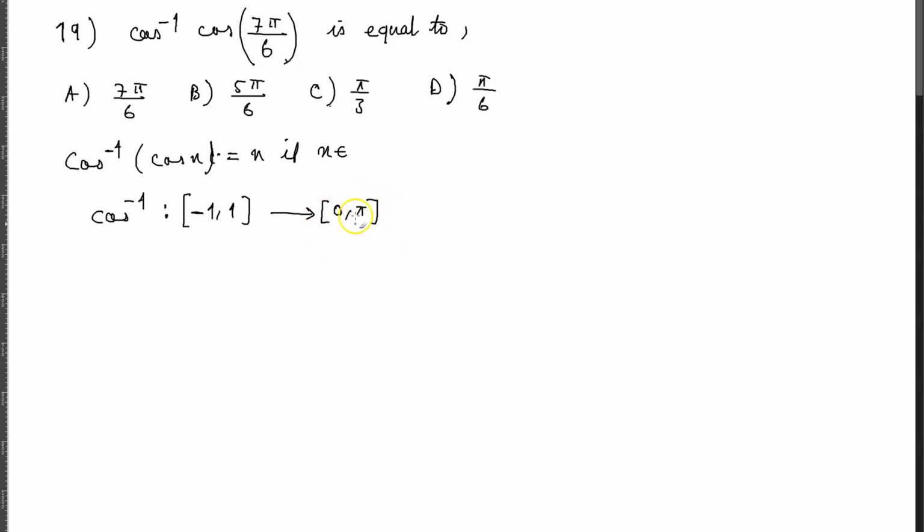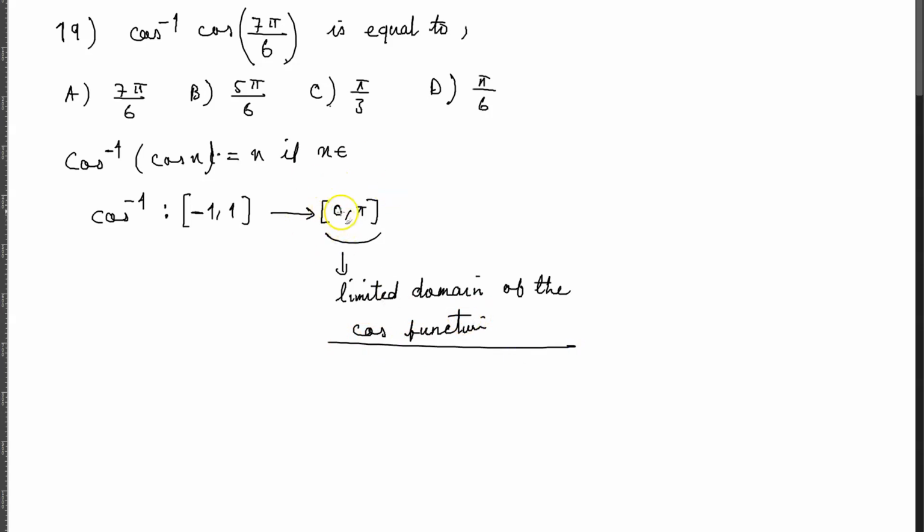That means that this is the limited domain of the cos function, meaning that we limited the domain of the cos function to 0 to pi, and based on that we got this domain for the cos inverse function.